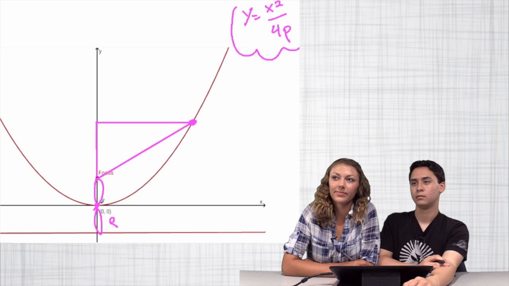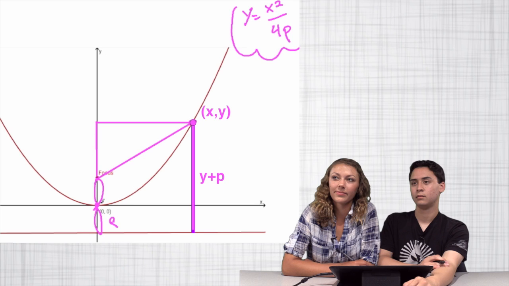Sasha and Keone said that the distance from a general point on the parabola, x, y, to the directrix is y plus p. That's because the distance from the point to the x-axis is y units, and the distance from the x-axis to the directrix is p units. Together, this distance is y plus p.